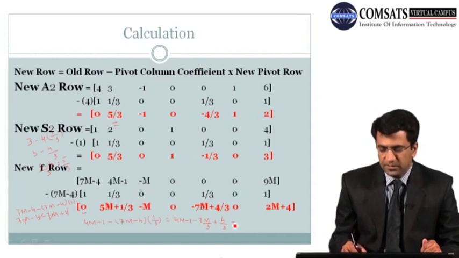So if we take this 3 as LCM, 3 will be multiplied by that 4m minus 1, so it will become 12m minus 3, minus 7m, plus 4.